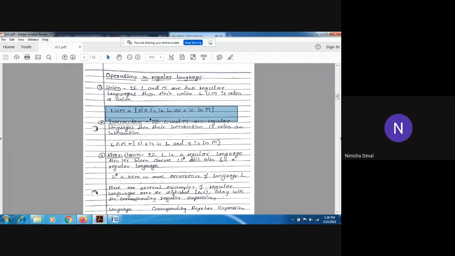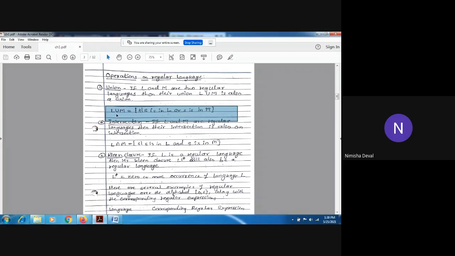In set theory you have already learned what is meant by union as well as intersection. So the same is applicable over here.